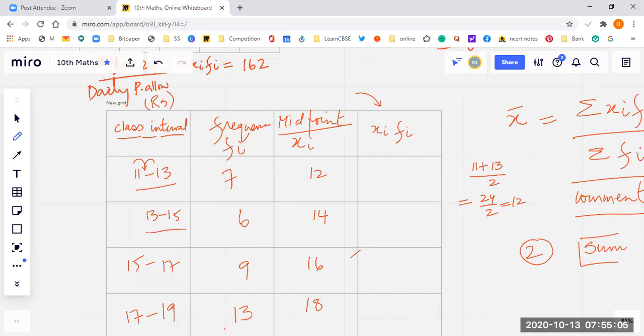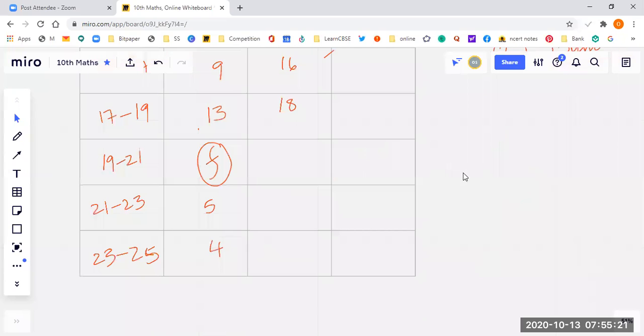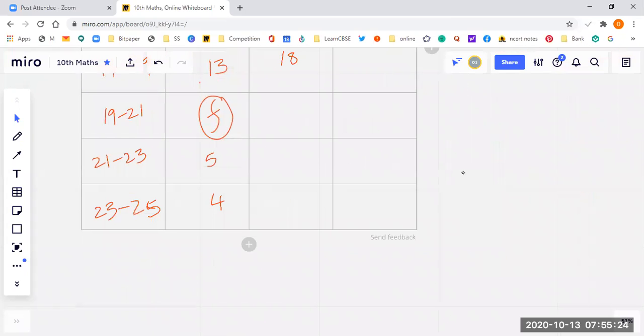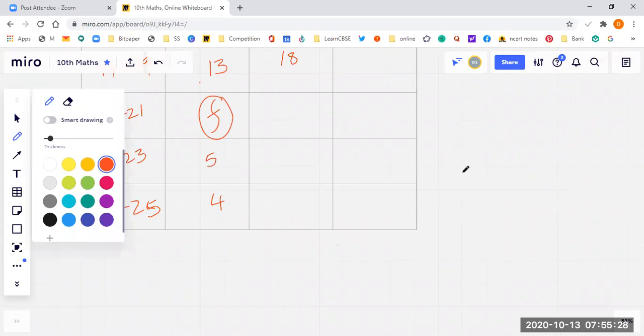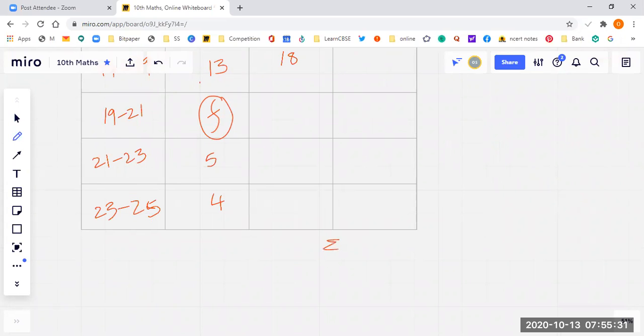So first we will multiply 7 into 12. We'll write the answer. Then we'll multiply 6 into 14. Like that we will continue. Then here we will get summation xi fi, and here we will get summation fi.